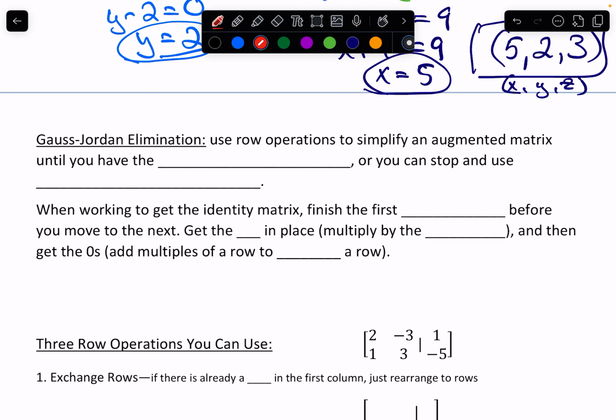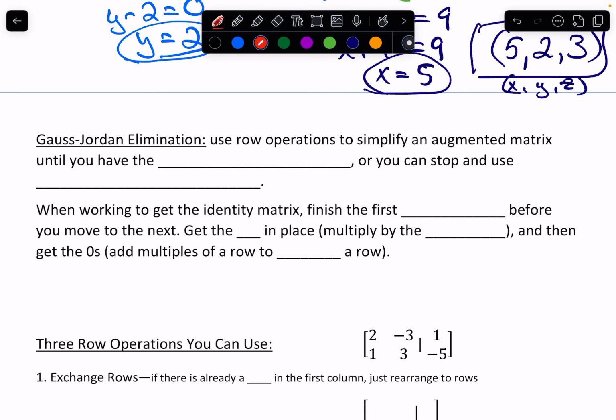So what we want to do is multiply by the reciprocal of this element right here. So half times row 1. Half times 2 is 1. Half times -3 is going to be -3/2. And half times 1 is going to be a half. And again, our goal was to get a 1 right here, and that's what we got by multiplying. So those are just 2 different options if you cannot do the exchange of rows, what we just did.